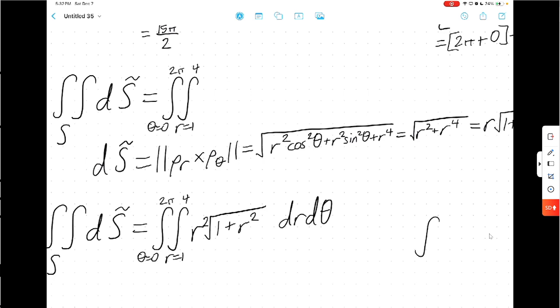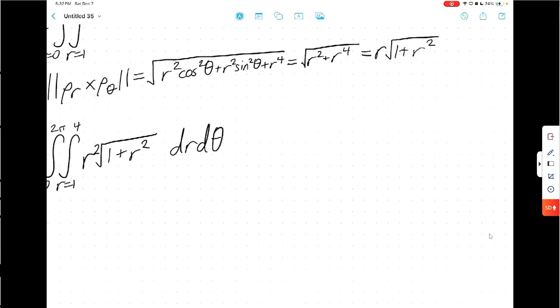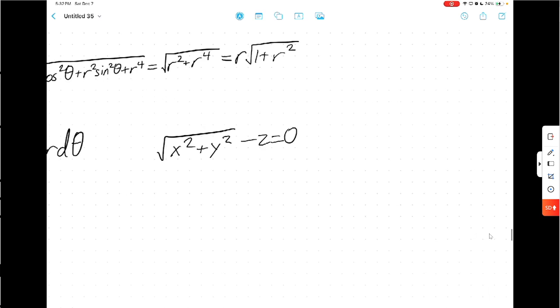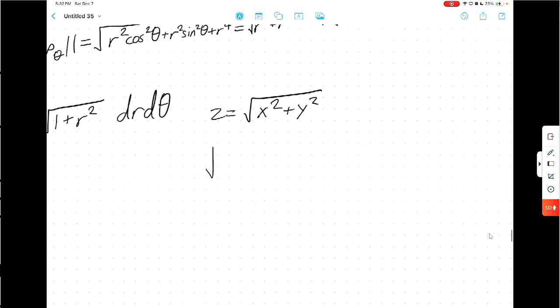Yeah, it's not like it would have been any better. Hold on, would it have been any better with the other formula? There's another formula that also calculates the surface area for this kind of stuff. That would have also worked. So dz dx, that would have just been x over this.